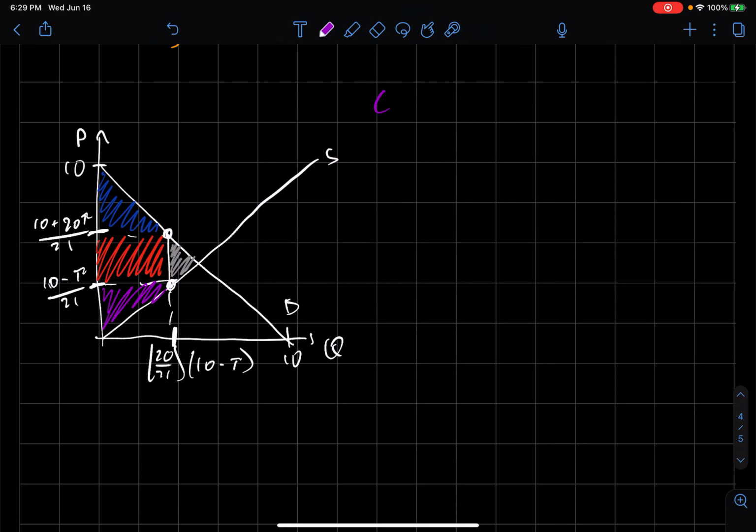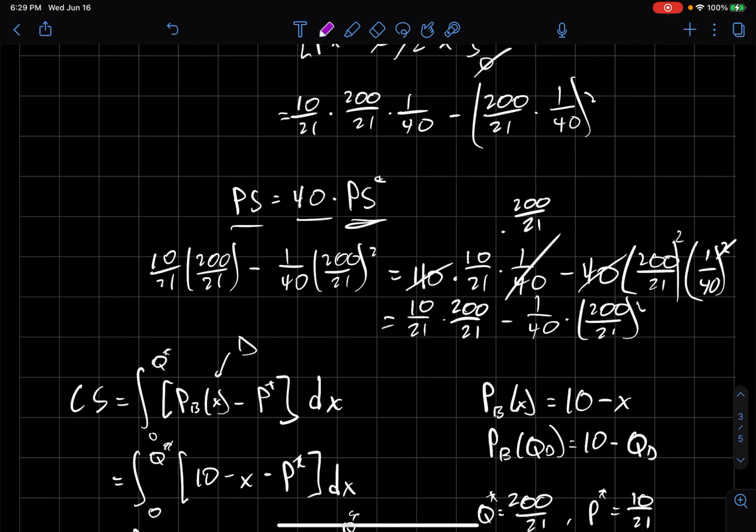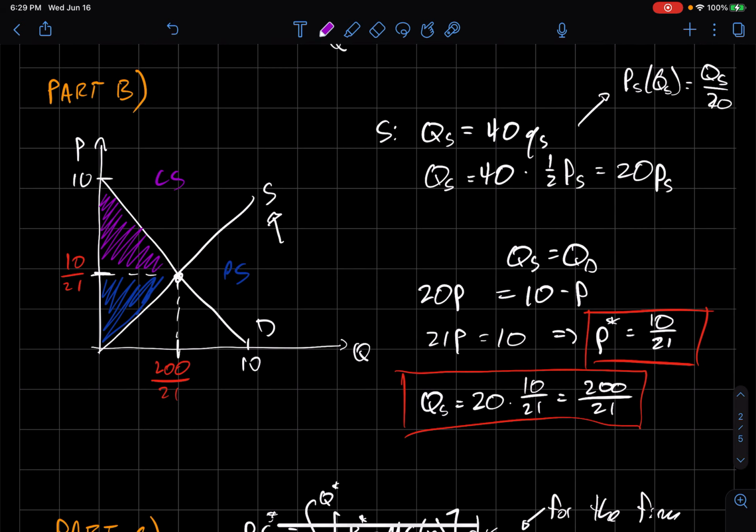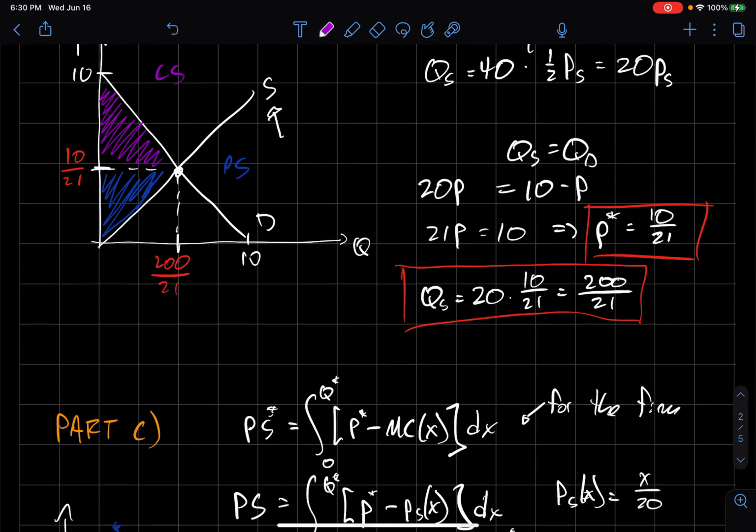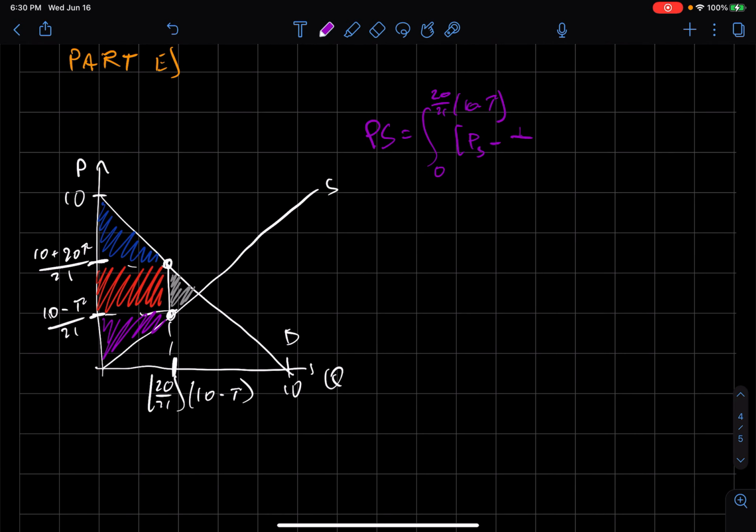So producer surplus is the integral from 0 to 20 over 21 times 10 minus tau, from PS, the supply curve, which is 1 over 20 times x, dx.